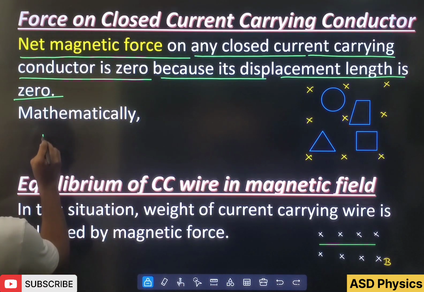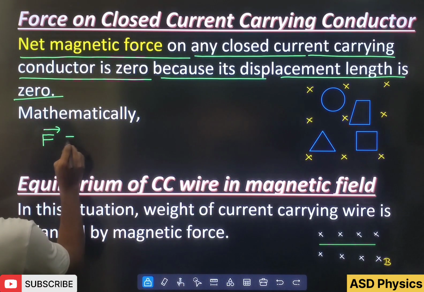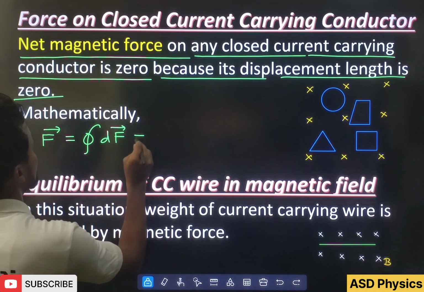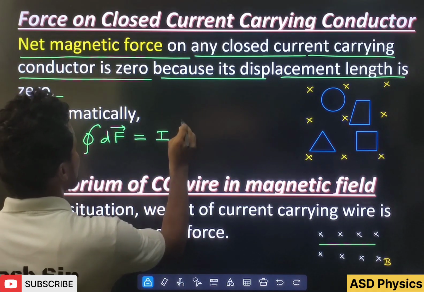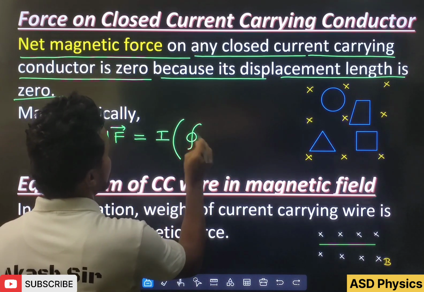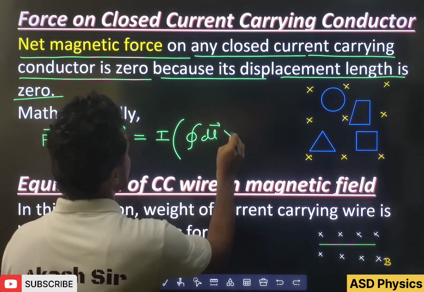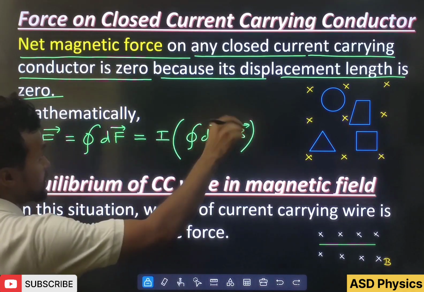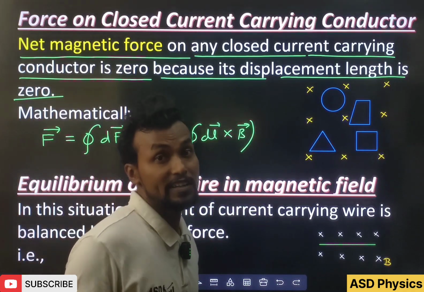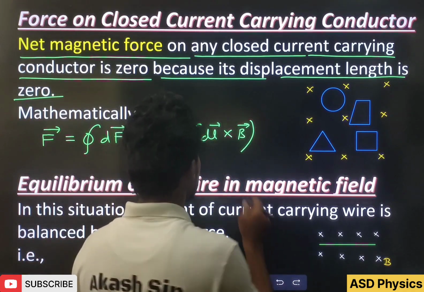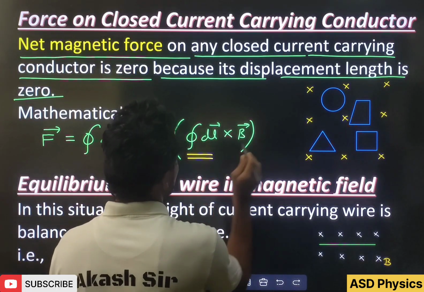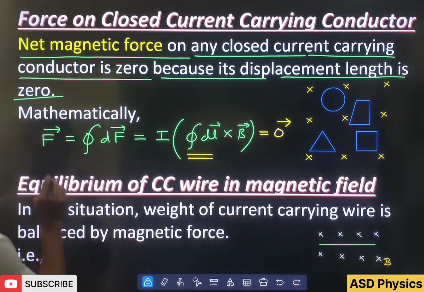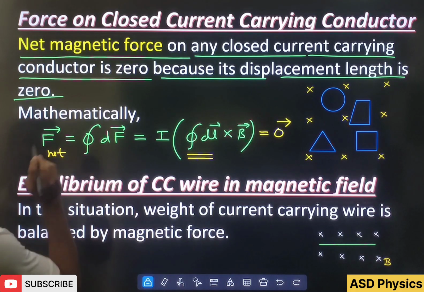If I write it mathematically, vector F is the closed integration of dF, which is I times the closed integration of dl cross B. And you know very well, whenever a conductor is closed, its displacement is 0. That means this will become 0, or we get the null vector. And this is the net resultant force.